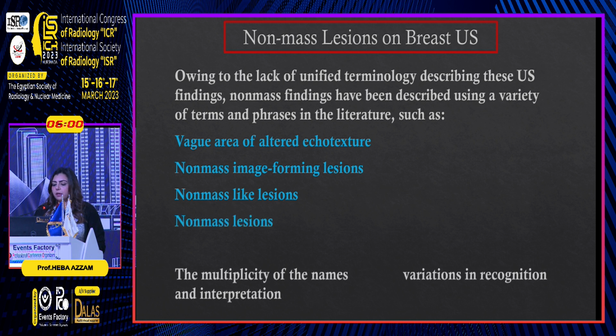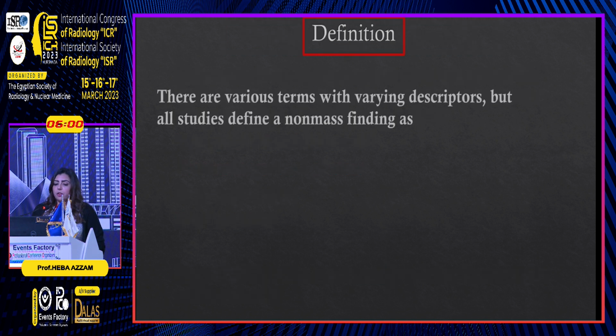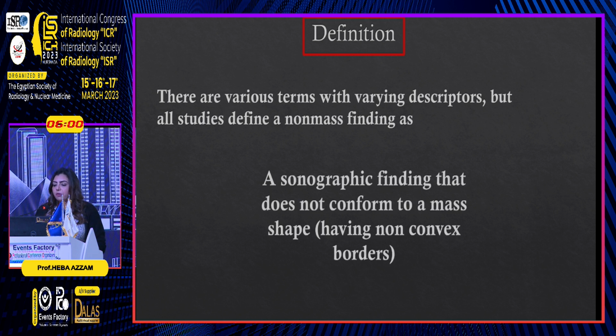The multiplicity of the names leads to variation in recognition and interpretation of these lesions by the radiologist in clinical practice. There are various terms with varying descriptors, but all the studies define a non-mass finding as a sonographic finding that does not conform to a mass shape, thus having non-convex borders.